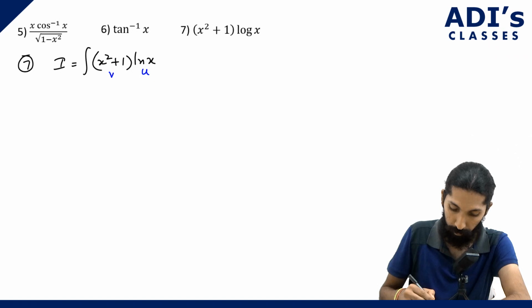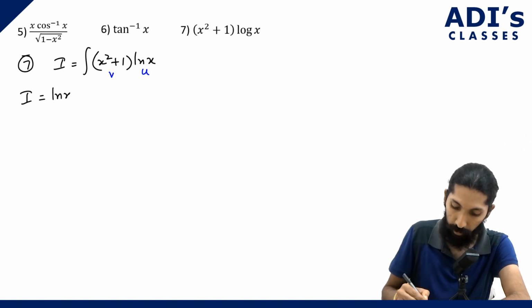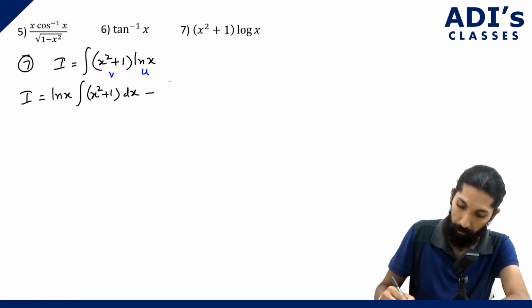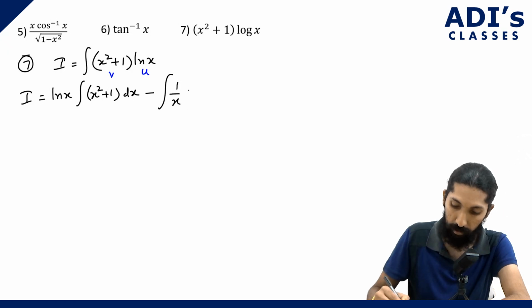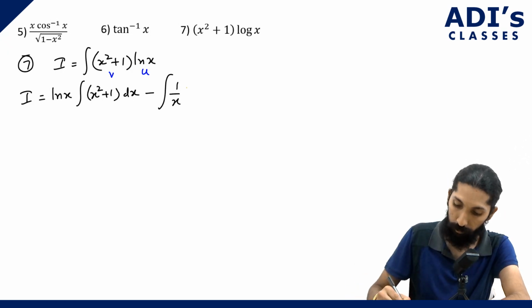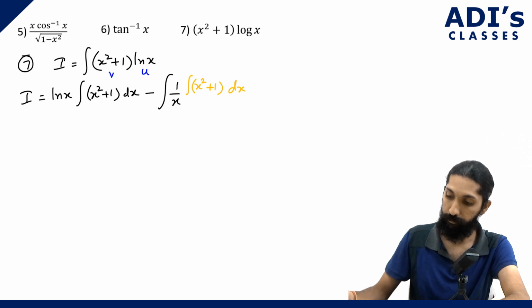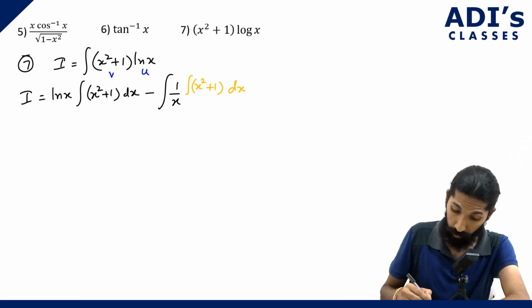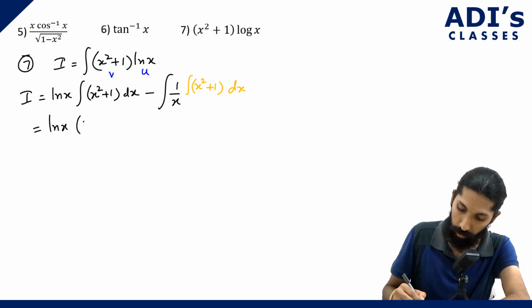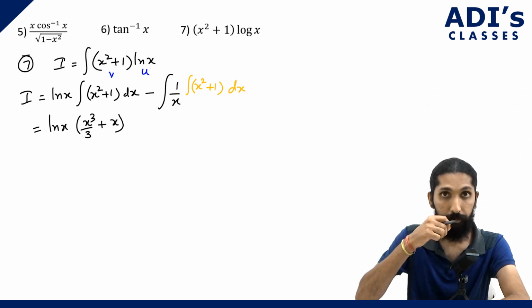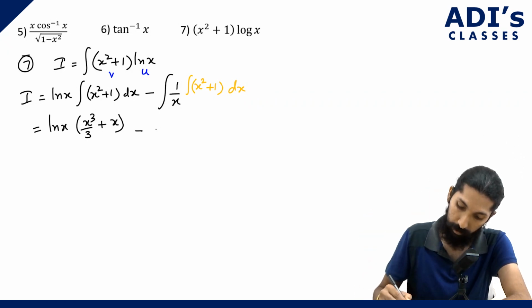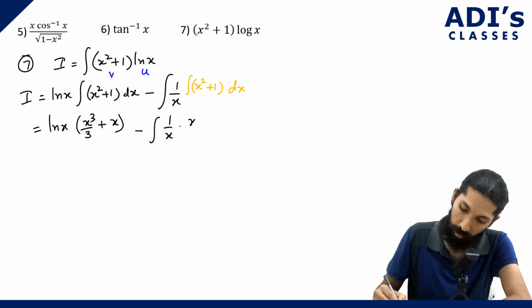So we have I is equal to log of x into integral of x square plus 1 minus integral of 1 by x into integral of x square plus 1 dx. Now you're going to have log x into x cube by 3 plus x, isn't it? Integration minus 1 by x into x cube by 3 plus x.